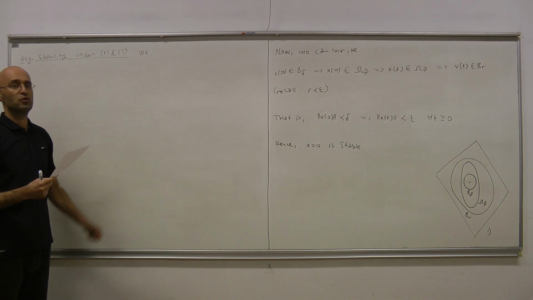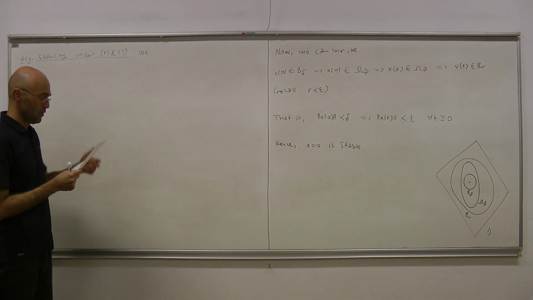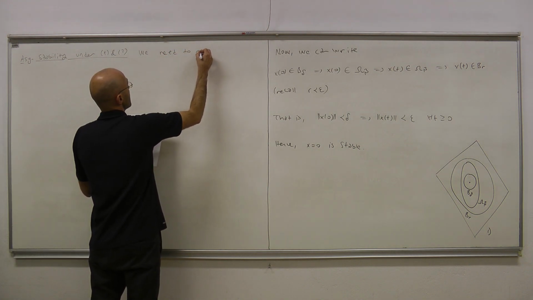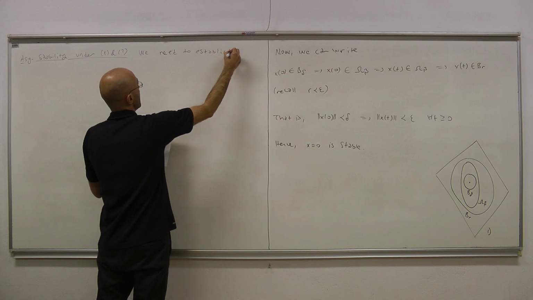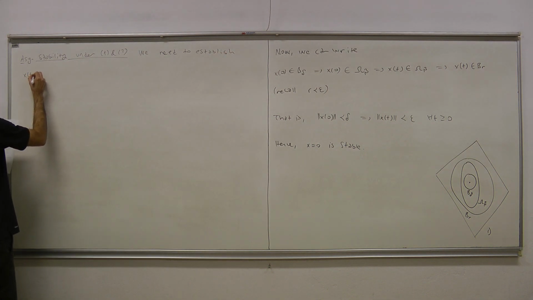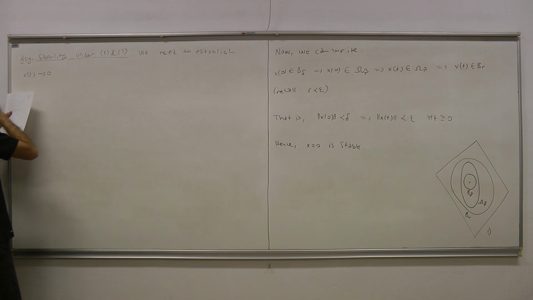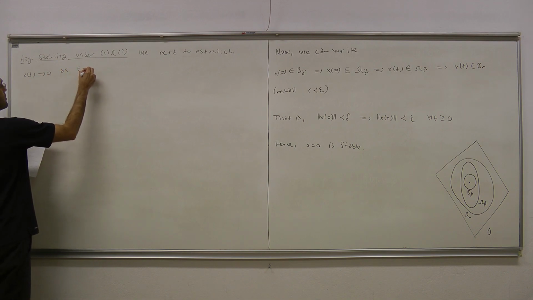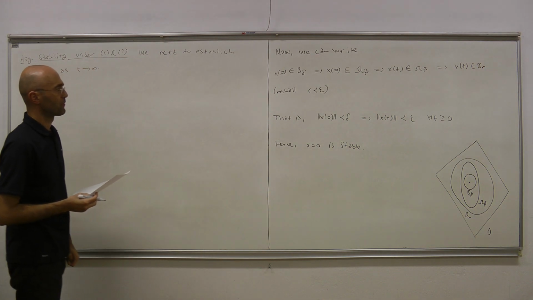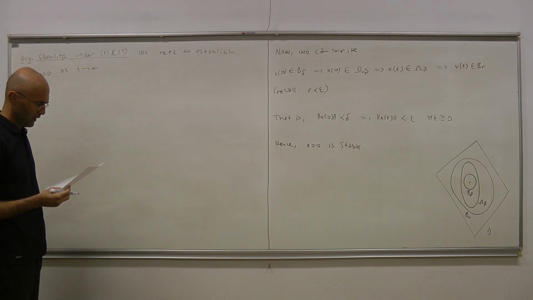On top of that, we have to show also attractivity. So what we need to do is establish that x of t converges to origin as t goes to infinity.